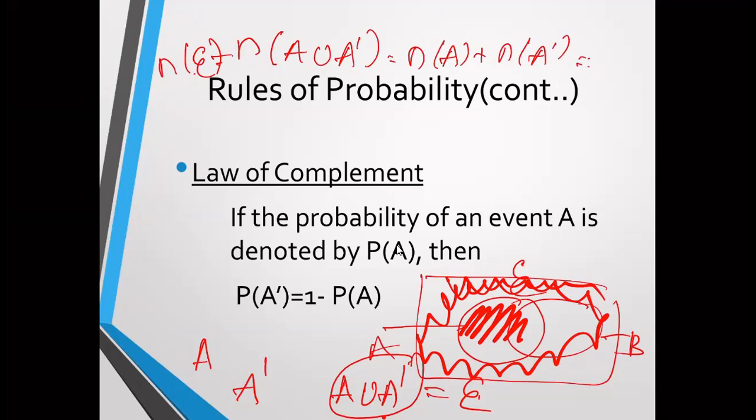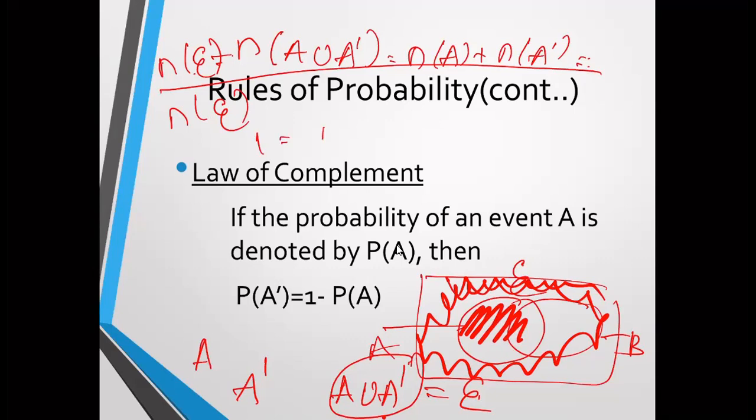Therefore, if we divide the entire equation by N(S), this becomes N(S) over N(S), which is 1.